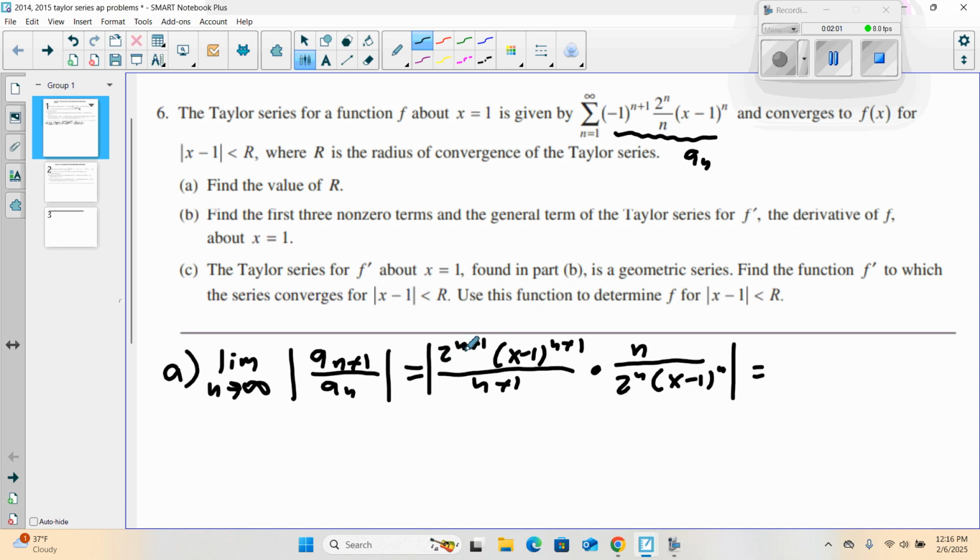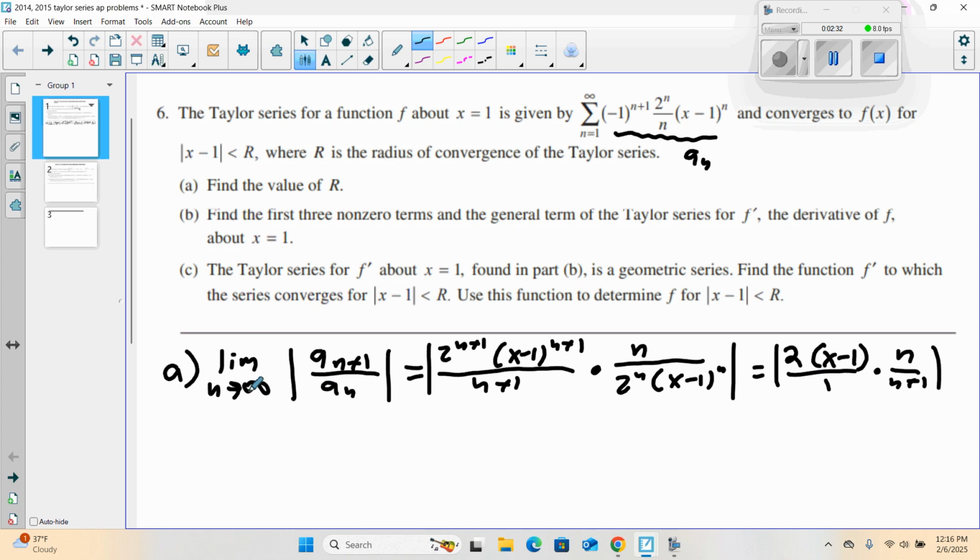So 2 to the n plus 1 divided by 2 to the n, that's just going to be 2. x minus 1 to the n plus 1 divided by x minus 1 to the n will just give us x minus 1. And then that's going to be times n in the numerator and n plus 1 in the denominator.